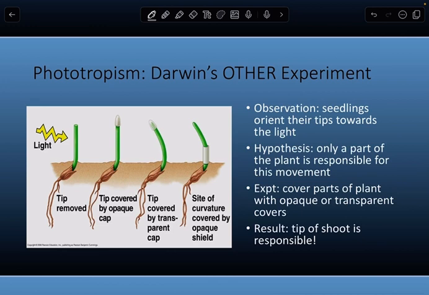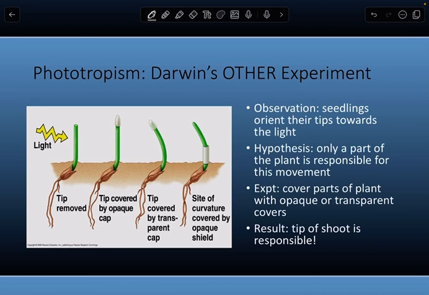But remember, it's too simple just to say, okay, case closed, it's right. Lopping off the tip of the plant is kind of a drastic thing. So he's like, okay, maybe I just damaged the plant so much that it couldn't respond, not that it wouldn't. So he covered the tip with an opaque cap, which blocked the light from the tip, and that also failed to show the phototropic response.